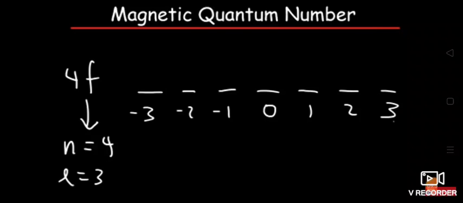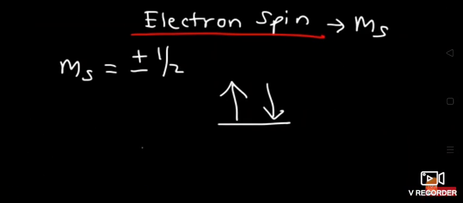The principal quantum number, 4. What is L? The azimuthal quantum number, that is 3, that means 0, 1, 2, 3. And what is the magnetic quantum number? Minus L to plus L, that is -3, -2, -1, 0, 1, 2, 3.